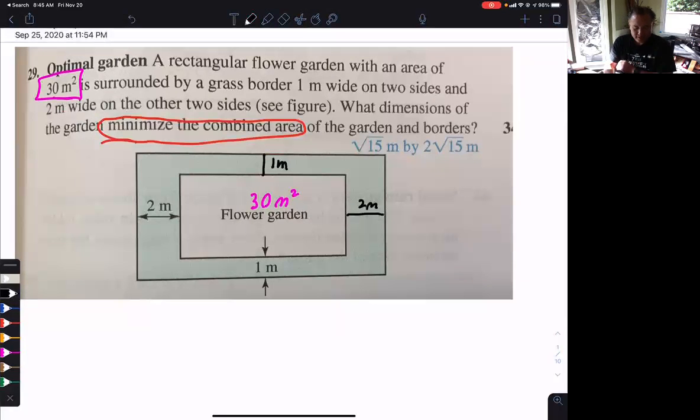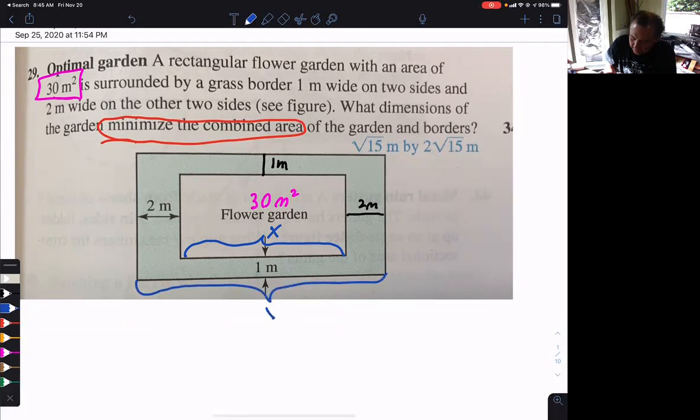And you have two choices. You could either call this distance here X. I chose X. You could have called it A, B, C, D, Q, Z, whatever you want. Or you could choose to call this whole side to be X. Now, it's kind of your choice. And it doesn't matter.